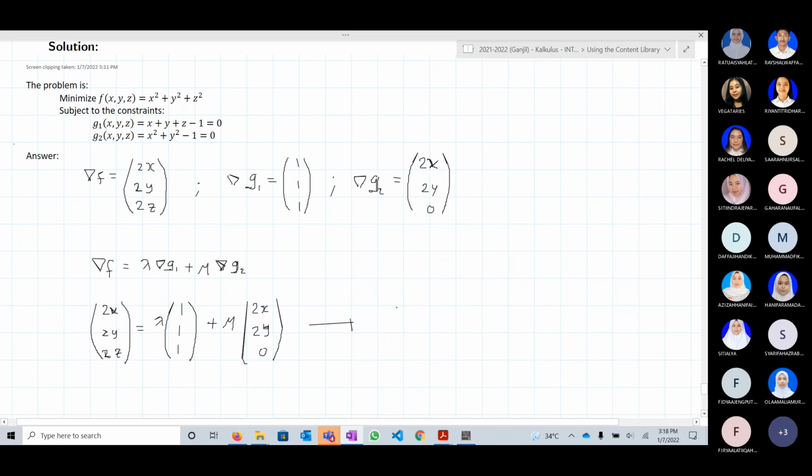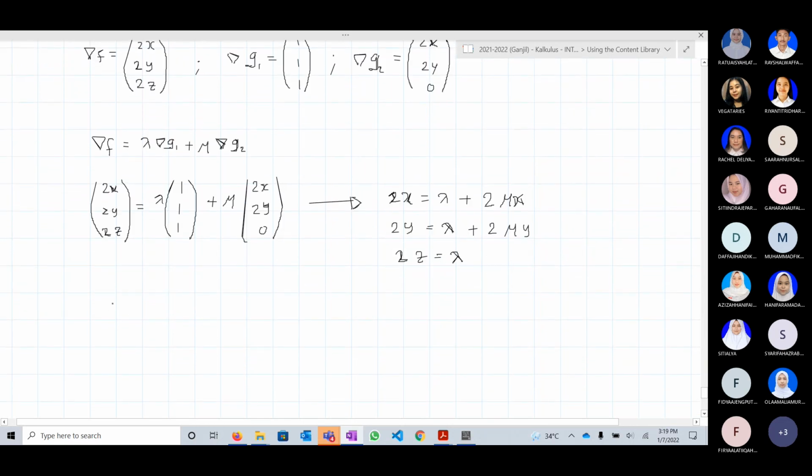From here, 2x equals lambda plus 2 mu x, 2y equals lambda plus 2 mu y, and 2z equals lambda.